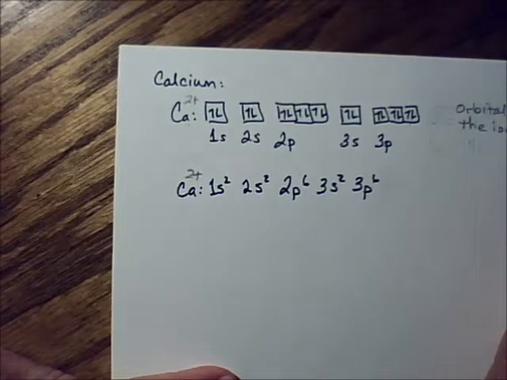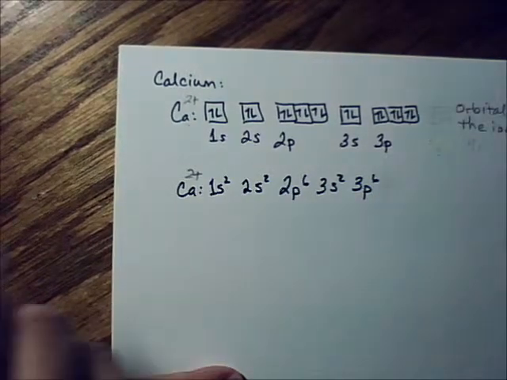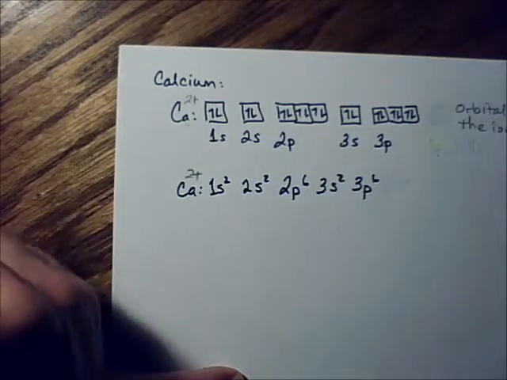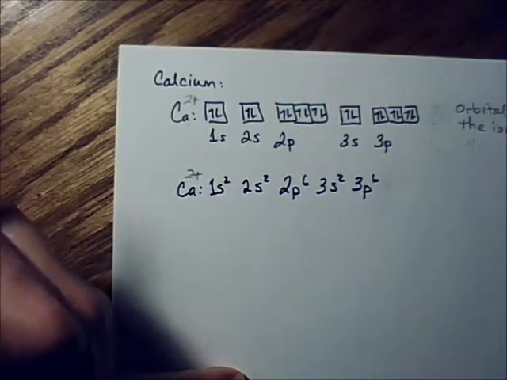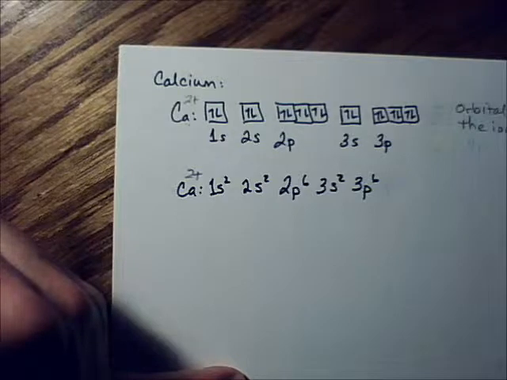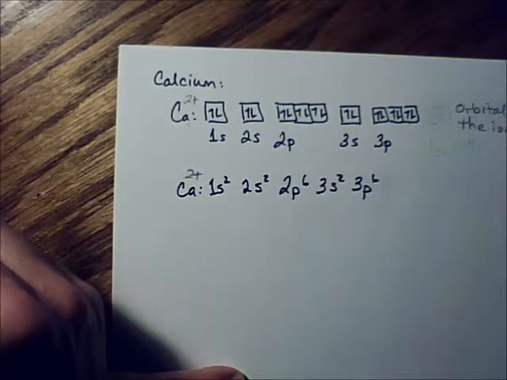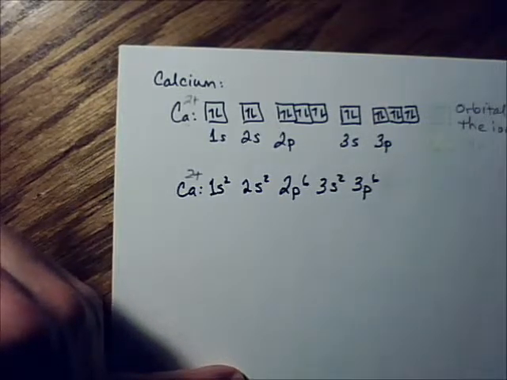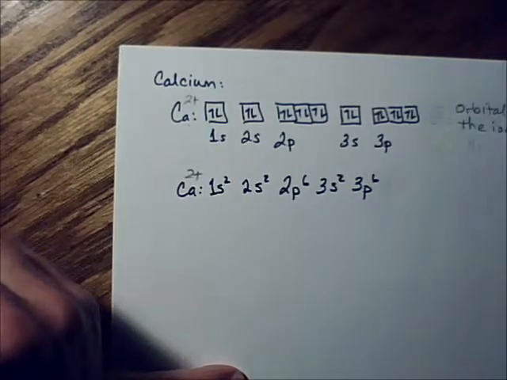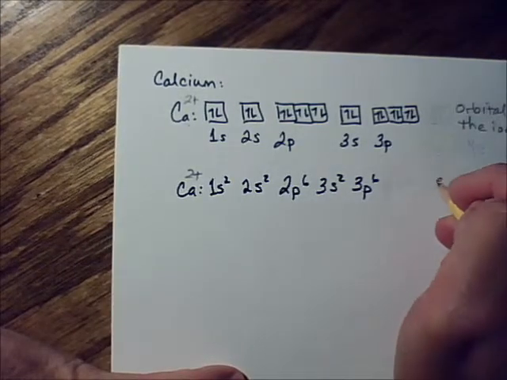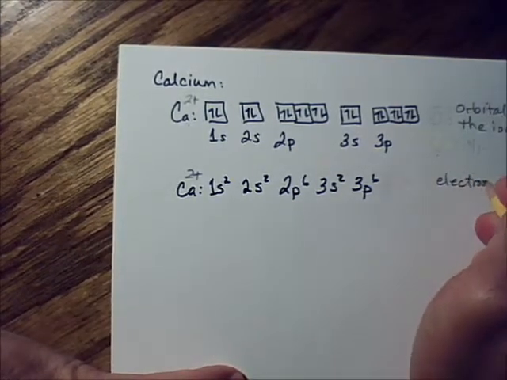Now, remember when we added electrons to stuff, we changed the ending to IDE. We don't change the ending to anything when we have a positive ion. So this is just a calcium ion. And so this then is the electron configuration.